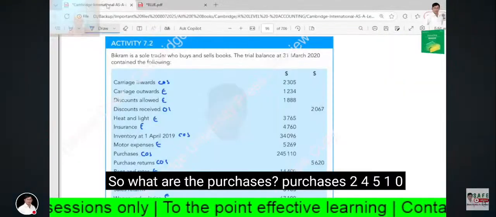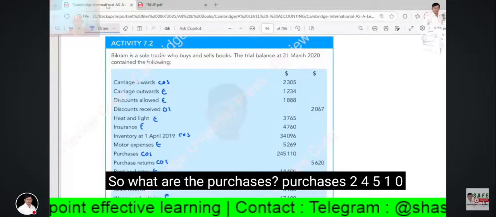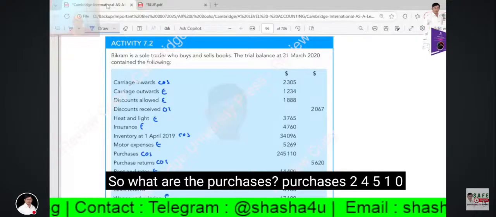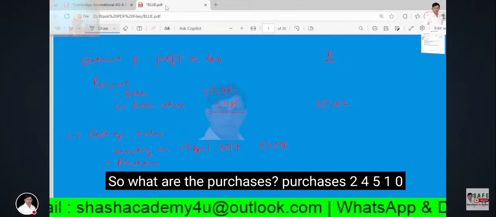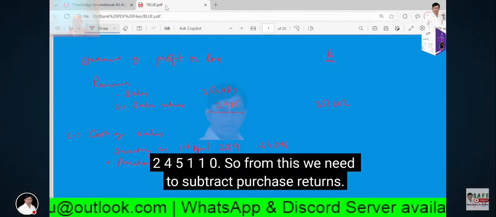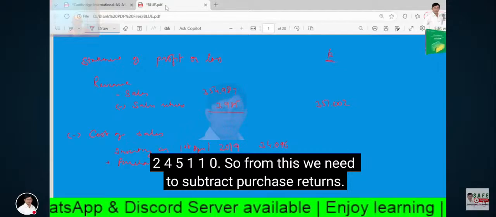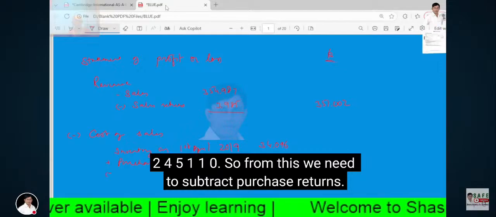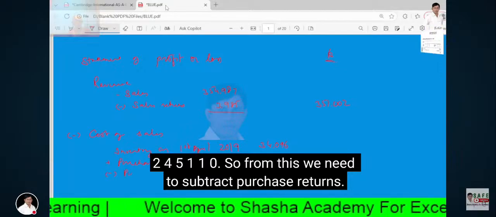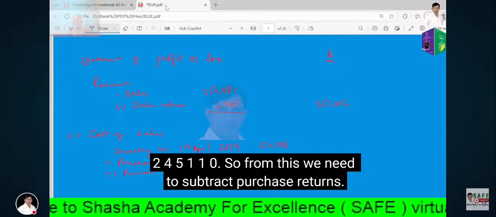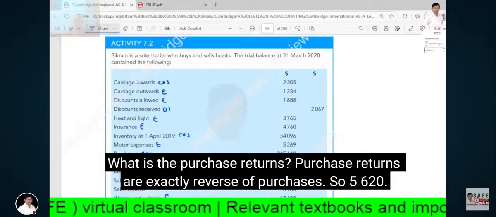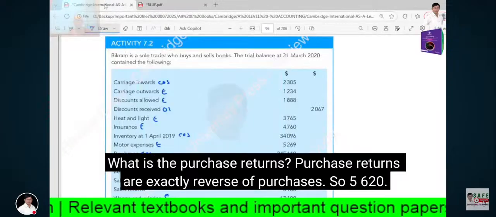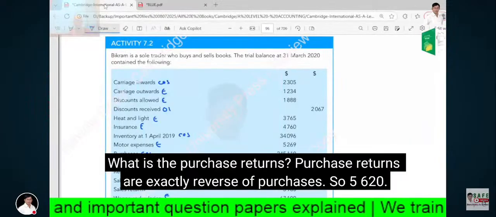Remember this as ITC: inventory, trade receivables, and C is cash and cash equivalents. The trade receivables are 36,085.